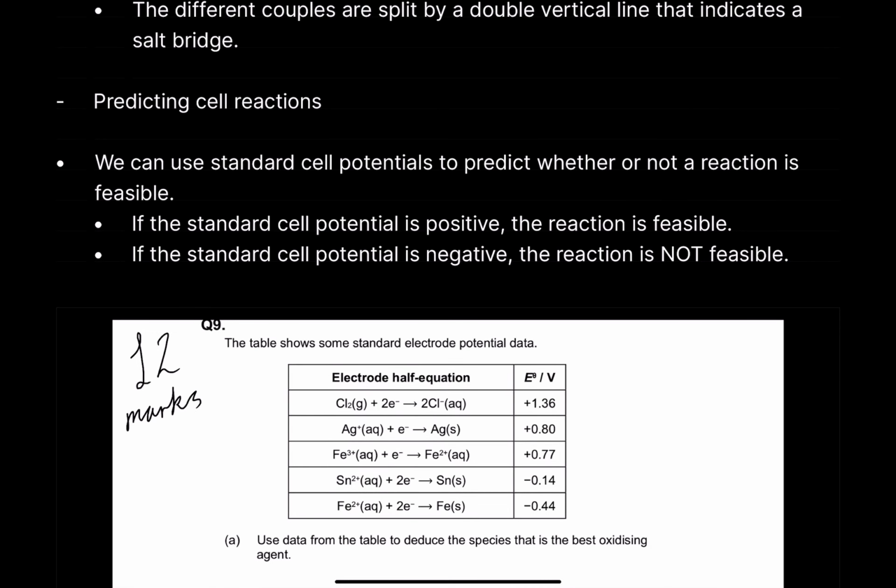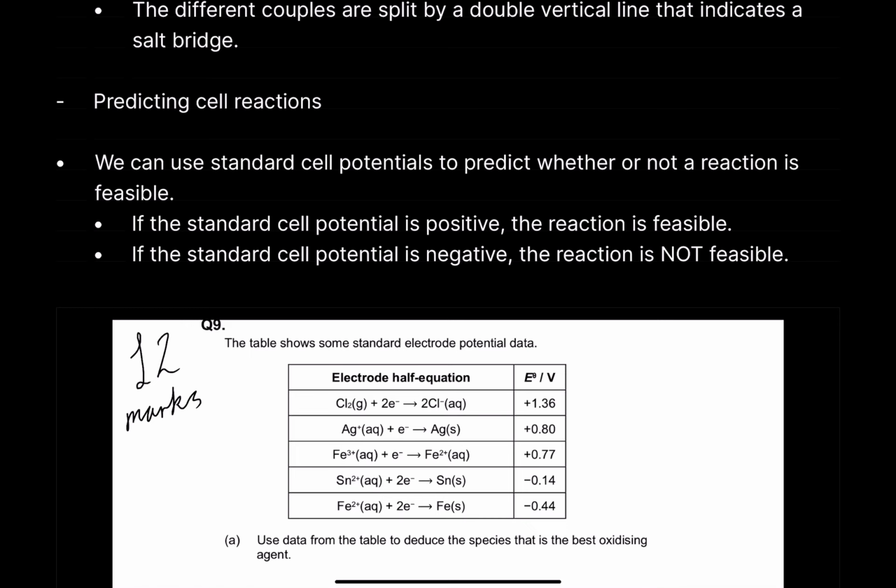It looks more like this, which is a much better way of representing it, where you're seeing the type of reduction. For example, Cl2 plus 2e minus goes to form 2 chloride ions, 2Cl minus, in solution. If we measure that reduction potential, it's plus 1.36.